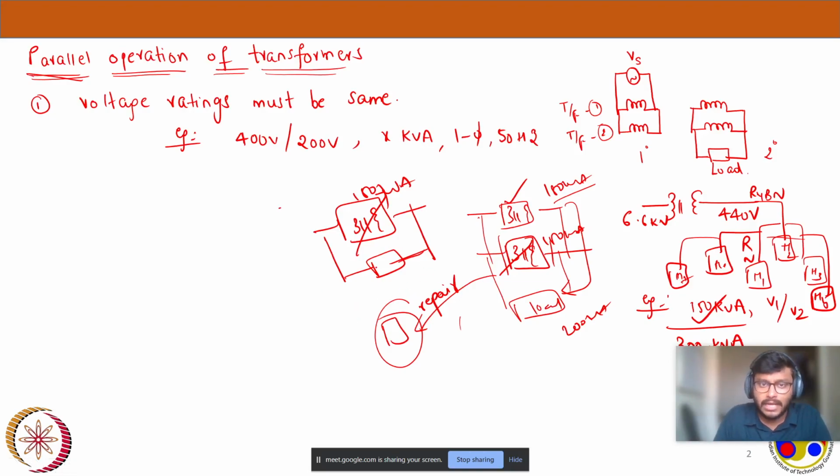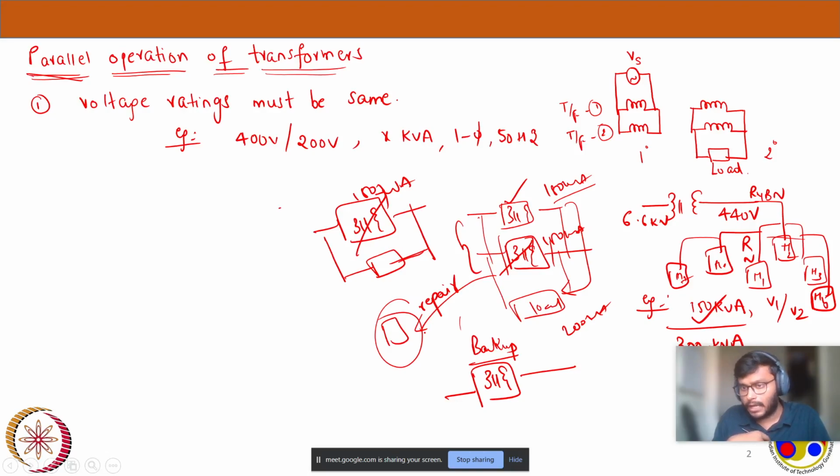Another advantage is, let's say my two transformers are supplying the load and I kept one exact transformer as a backup. Even now I don't have to worry about any interruption in any household, because once one goes to repair, I will just connect this backup transformer in place of the faulty one, and I will send that to repair.